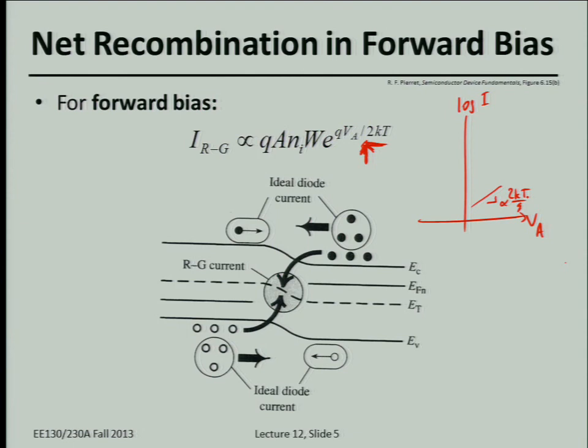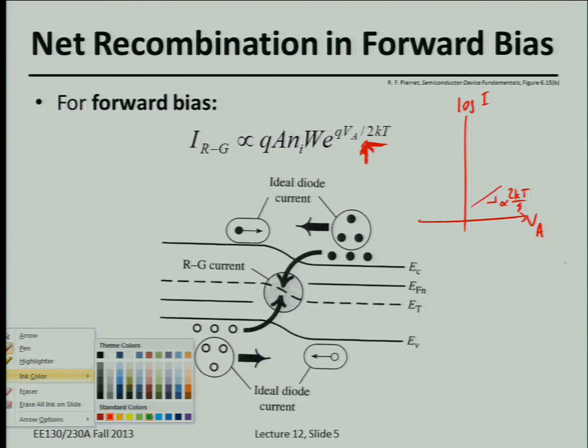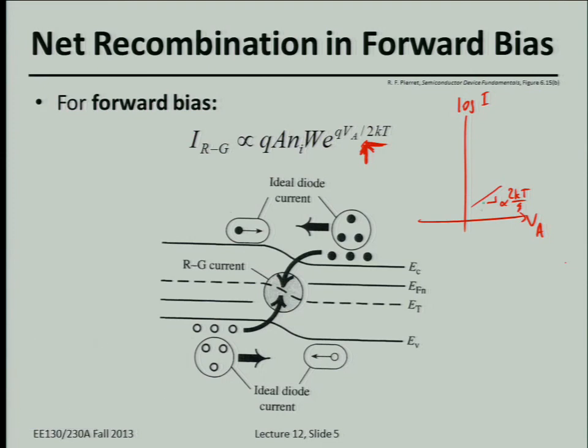So the normal diode current has a steeper dependence. I'm not drawing that perfectly accurately, but I'm writing the inverse slope here.